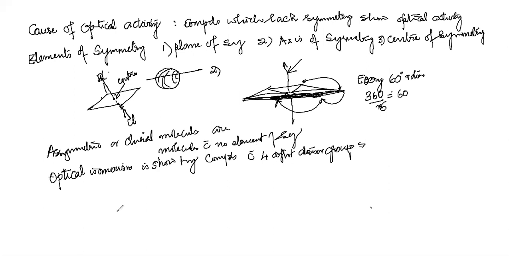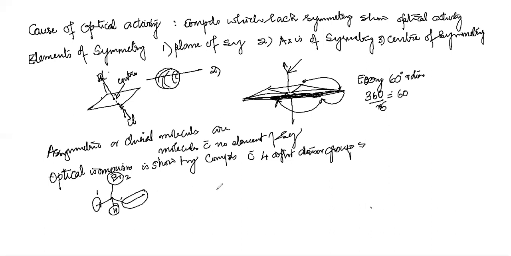Now we'll take one compound, that is 2-bromobutane. This is butane, and this is 2-bromo. So this carbon contains 4 different atoms and groups: this is 1, 2, 3, and 4.